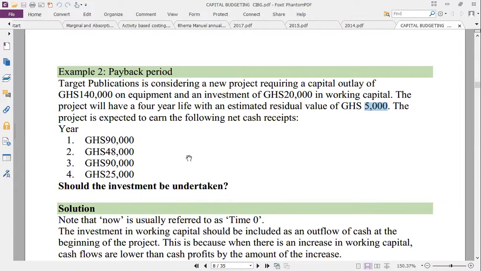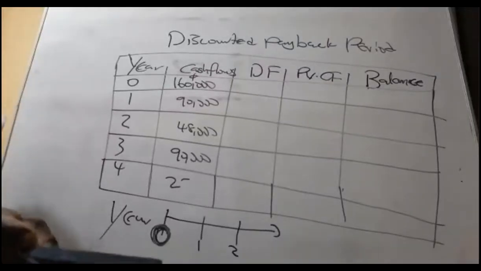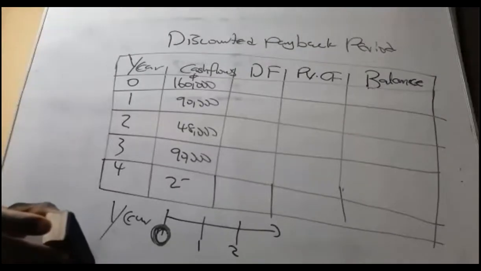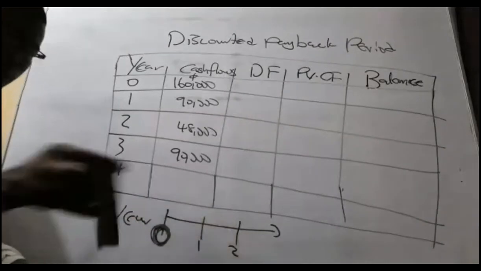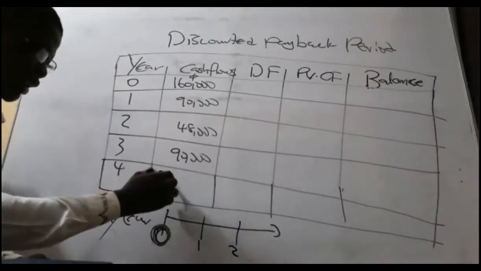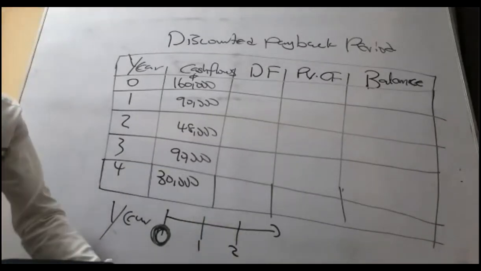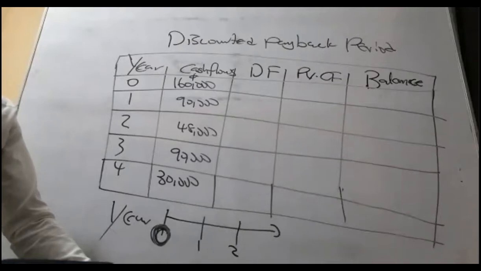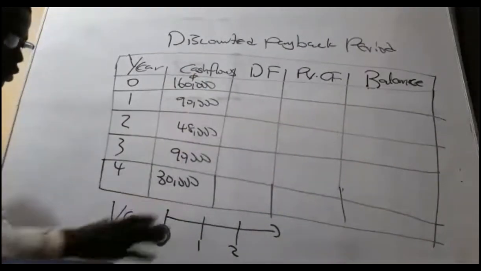So it will be 5,000 plus the 25, right? So the final year, it will be the 5,000 plus what? 25 in the final year. So the final year will be 30,000. So that will be 30,000 Ghana cedis. Great. So take notes. Good. Now we are done with the cash flows.